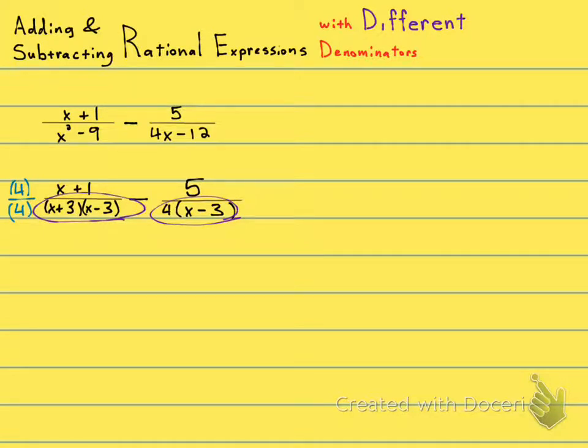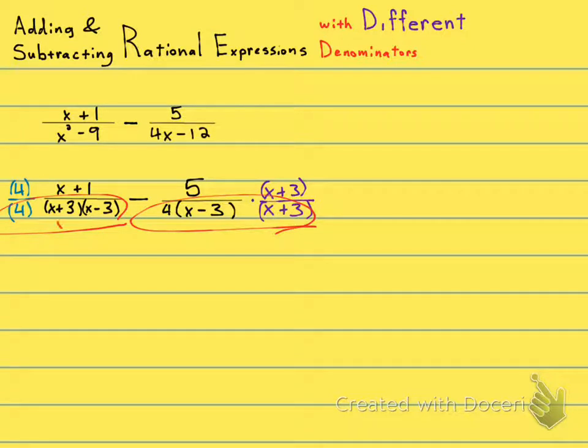Well, it's got the x minus 3, but it needs an x plus 3. So the fraction on the right, I'm going to multiply x plus 3 over x plus 3. Okay, now my denominators will be the same. Okay, this one, they're in different orders, right? I can just switch these two around, but they are the same.